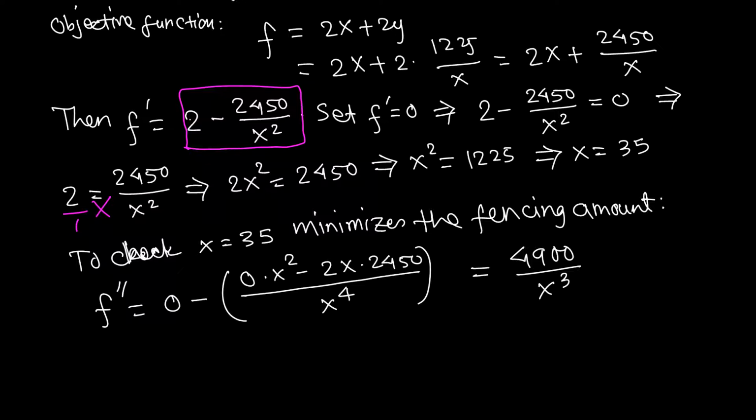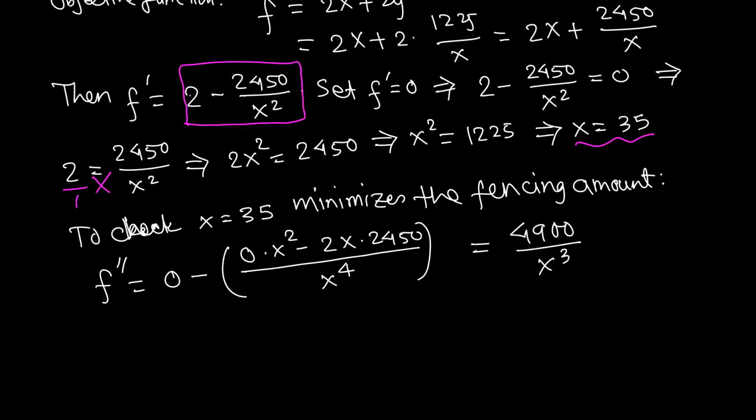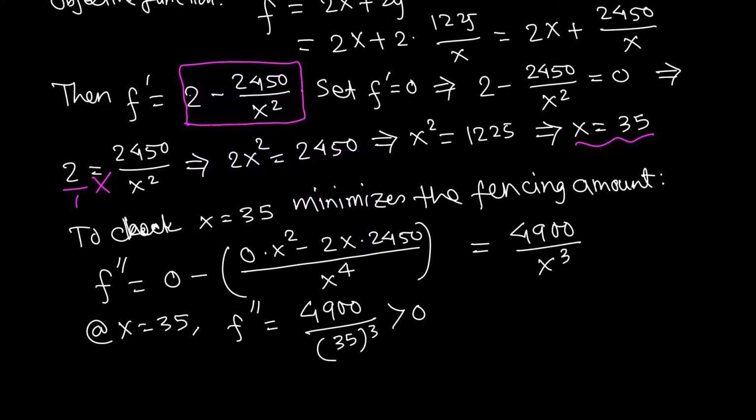Now we want to evaluate this at 35, because we are trying to check if 35 makes the fencing amount minimum. At x equals 35, what happens to the second derivative? Just plug in 35 here, so 4900 over 35 cubed. I don't have to know the exact amount. This is a positive number. When the second derivative is positive, the function is concave up.